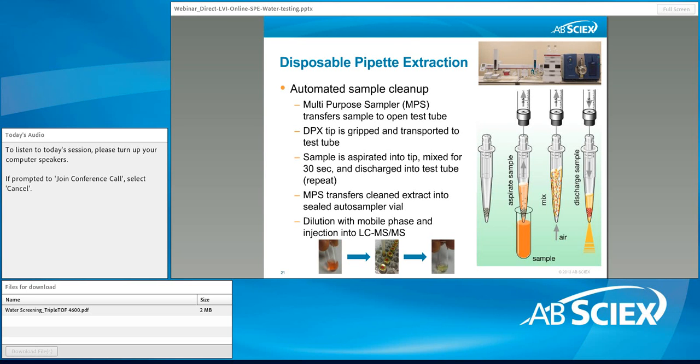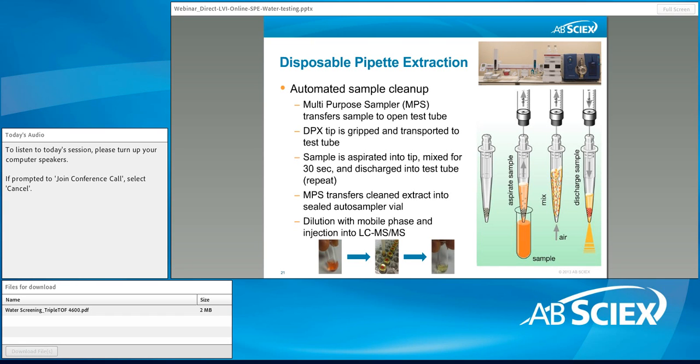You can see our configuration in that little figure at the top, the Gerstel front end together with our 4500 system. The multi-purpose sampler does a couple of steps to automatically clean up our water sample or any other food sample we might want to analyze.